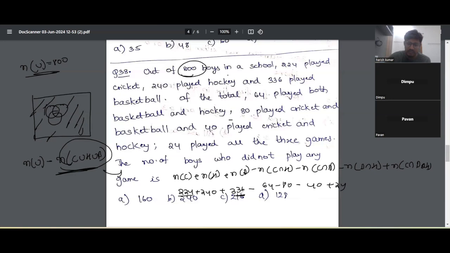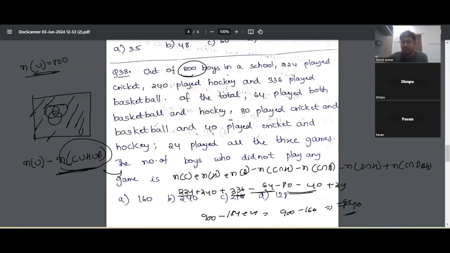224 plus 336, 360. 360 plus 200 is 660, 660, 700, 900. So this is 900 minus 80, 40 is 120. 120 minus 64, so minus 184 plus 24. That is 900 minus 160, so this is nothing but 740.